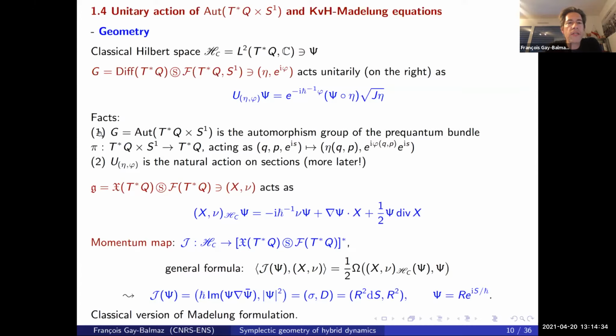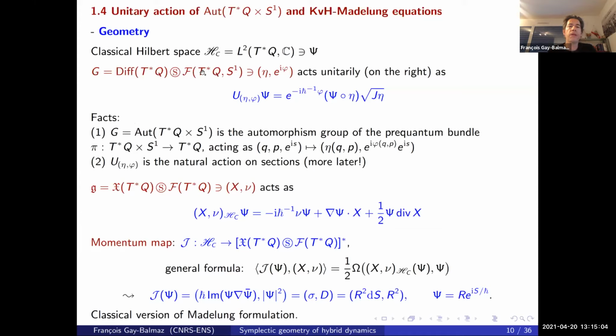The first is the unitary action of the automorphism group of this principal bundle over the phase space. So T star Q is the phase space of my mechanical system. S1 is the circle. I consider a trivial S1 principal bundle over phase space and all the automorphisms of this principal bundle.